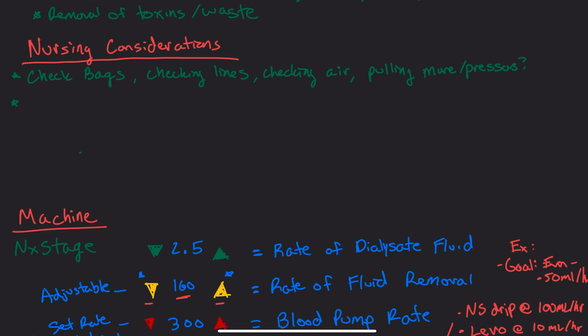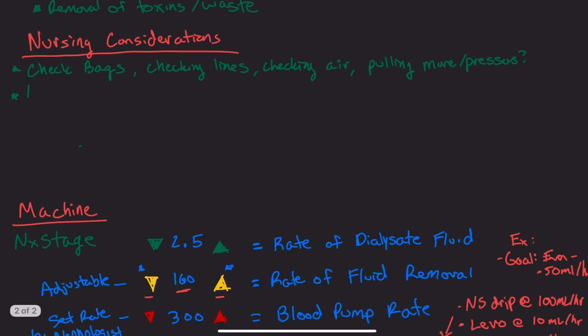Another thing with the CRT is you have to know how to rinse back. This is very important. Say your CRT machine clots, or you have air and the machine is unable to keep running. You typically only have a few minutes before that blood clots, and then it's unable to get back to the patient.